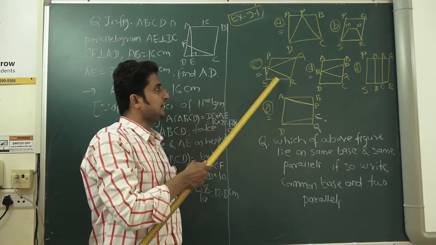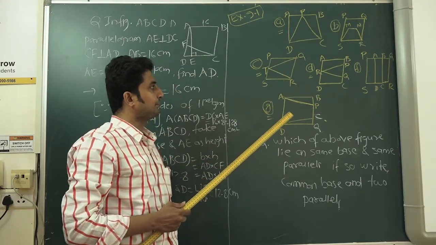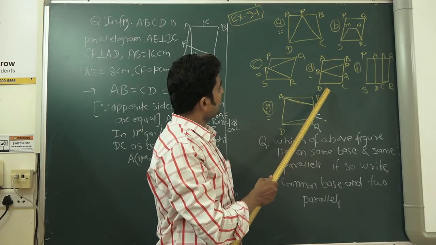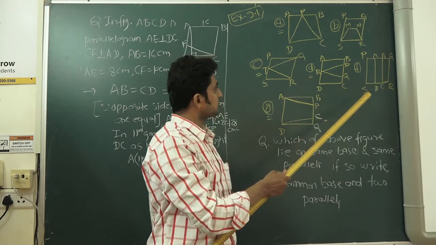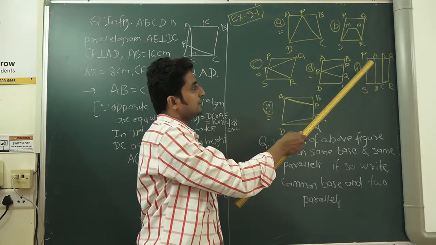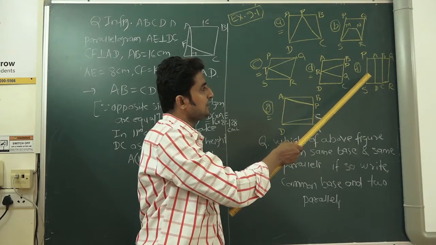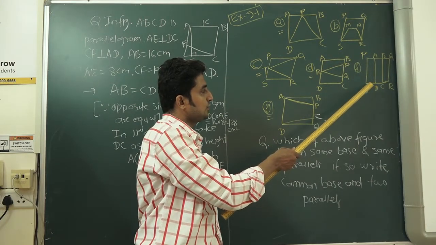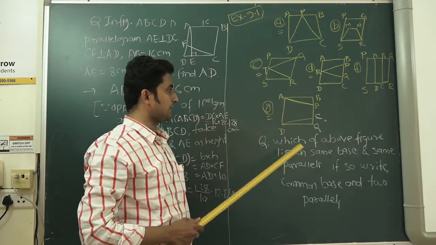Hence we can say that it has the common base and the sides as parallel. Moving on to the next figure, this F, it doesn't seem that it has the common base as well as the common parallel sides. So figure F is not suitable for the same base and same parallels.